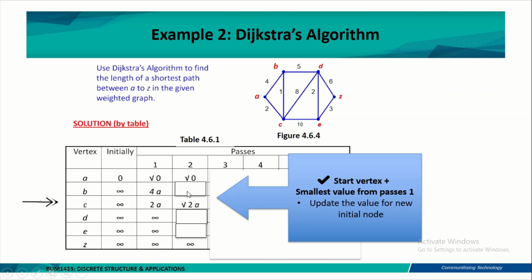So when we go to B, we see 2 plus 1 is equal to 3.